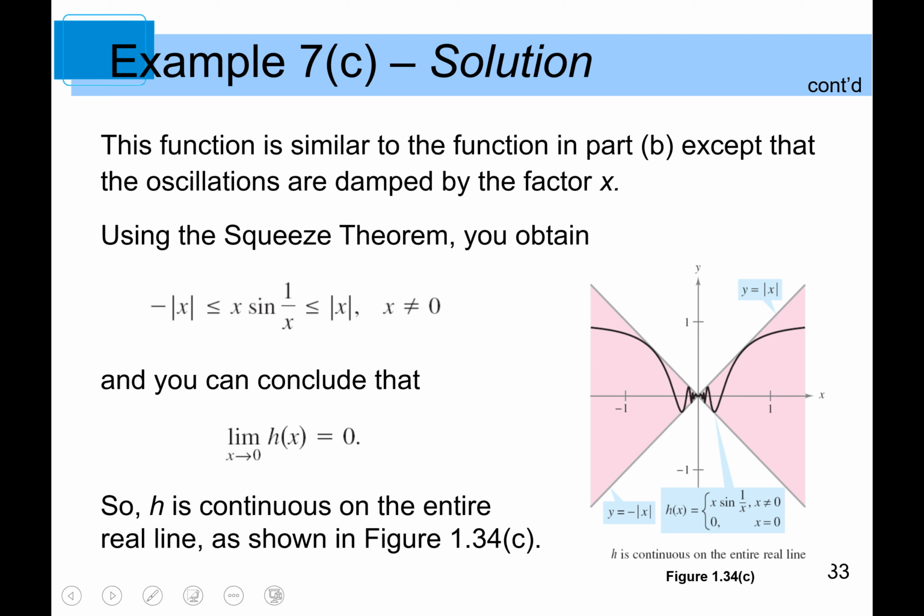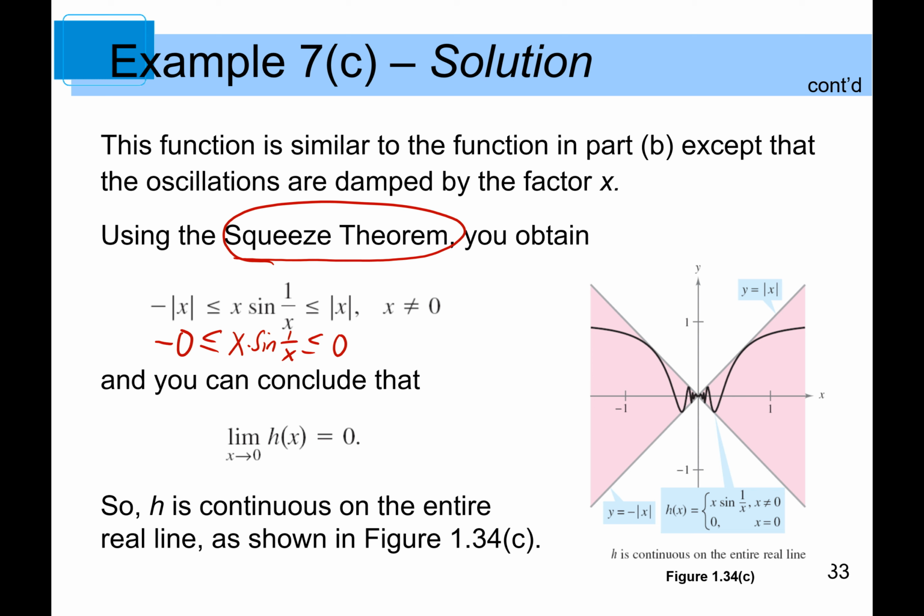The last one, c. We've got to use the squeeze theorem. Since x times sine of 1 over x is greater than or equal to negative absolute value of x, and less than or equal to absolute value of x, then we know that when x approaches 0, this is negative 0, this is positive 0.